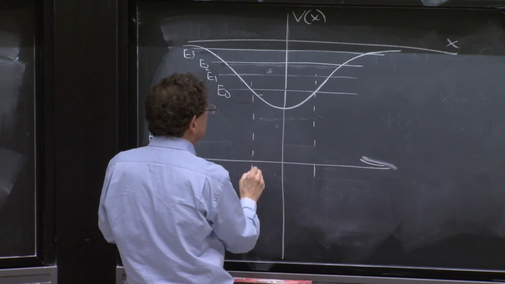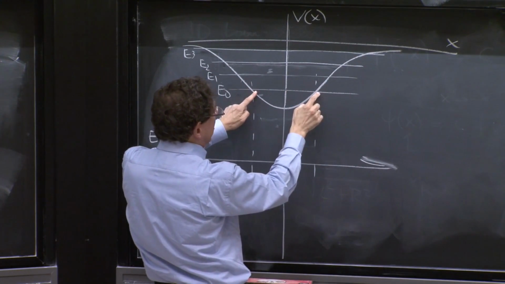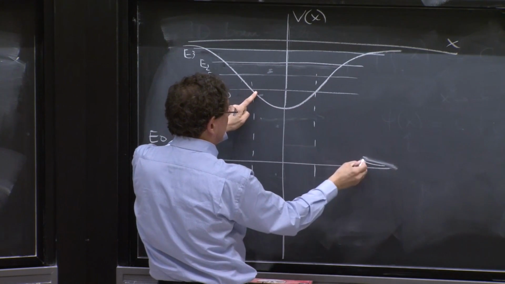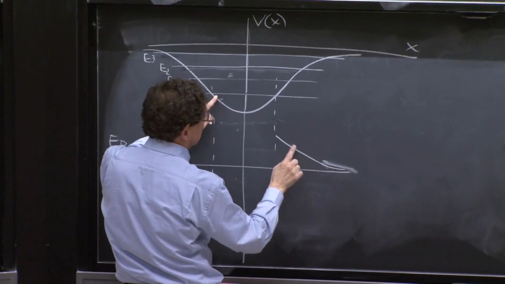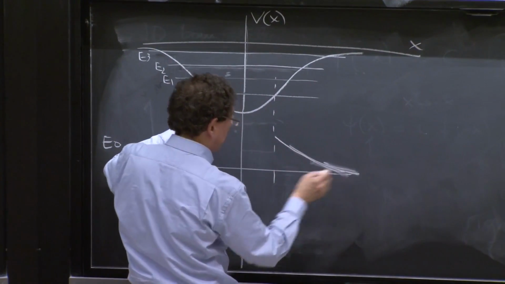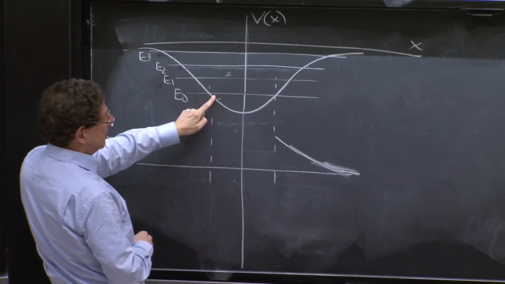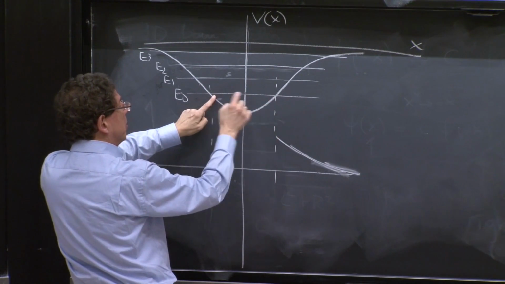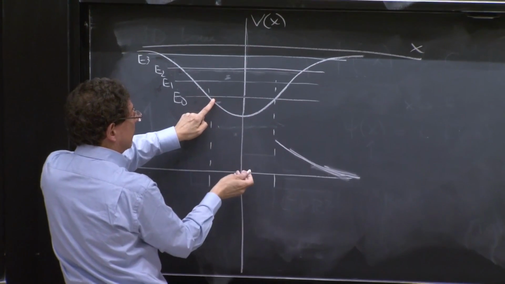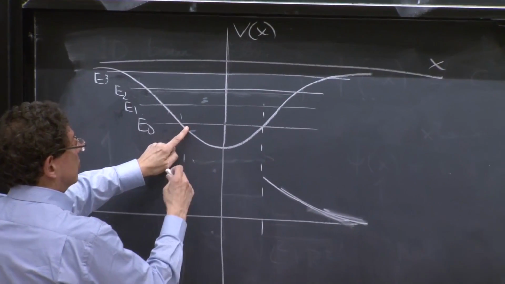And oops, there should be turning points here. There should be turning points. Suppose this is, you know, I'm not going to get this so well, but it goes like this. And now this should be a turning point. So I should change to the other type of curvature down.